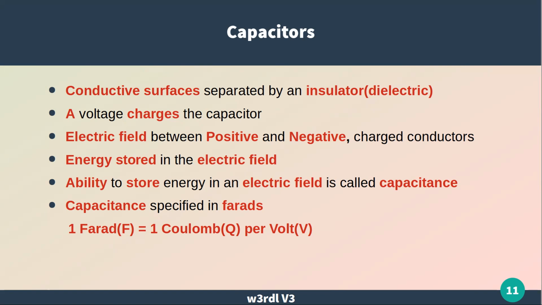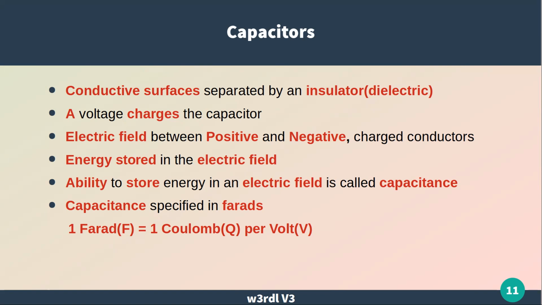So basically, a capacitor is a storage device that stores energy in an electrostatic or an electric field, as opposed to a magnetic field, which we'll talk about next for inductors.